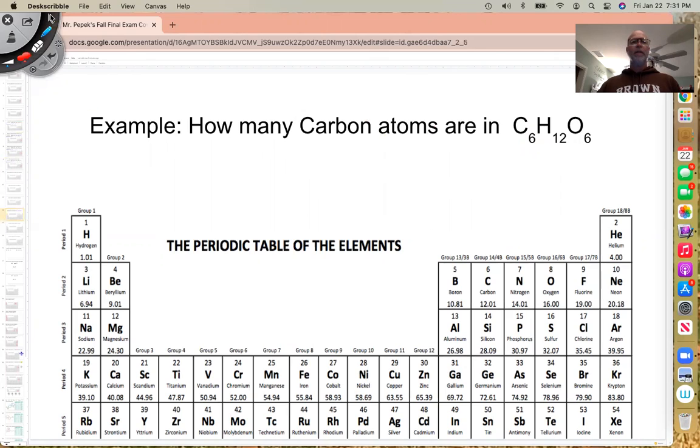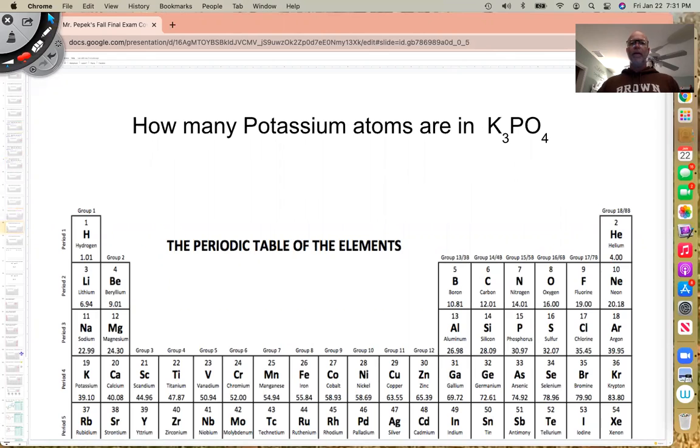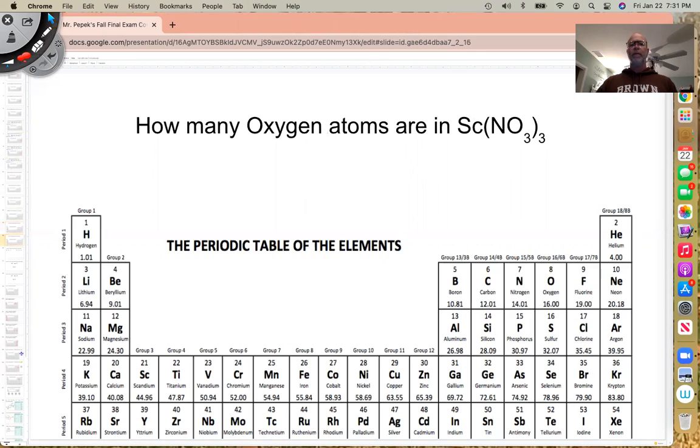So let's work out some of these problems and see how you do. Okay, the first question says, how many potassium atoms are in potassium phosphate? The next question says, how many oxygen atoms are in scandium nitrate?